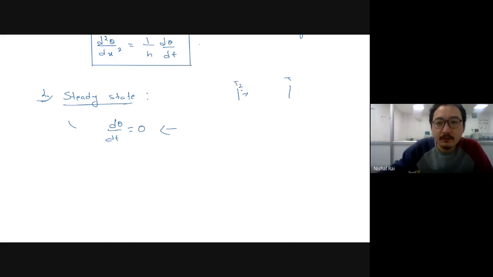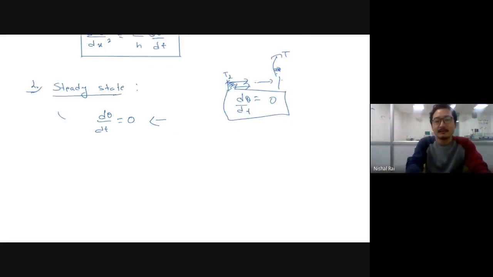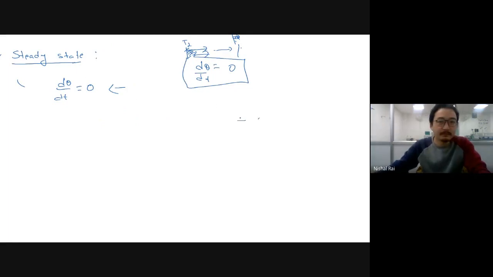Then it will attain a steady state. First, this part of the rod will start transferring its heat from this body to this body and keeps on raising the temperature of the other end of the bar. So at a certain time you will reach a steady state where the rate of flow of heat will be 0.